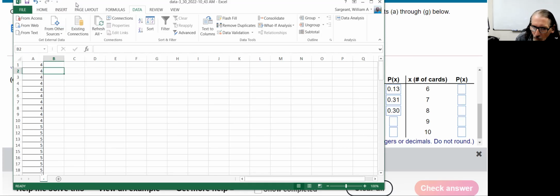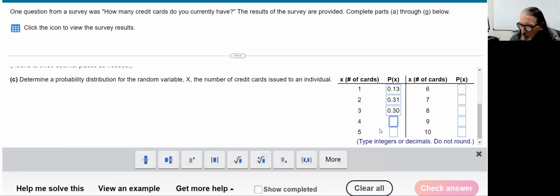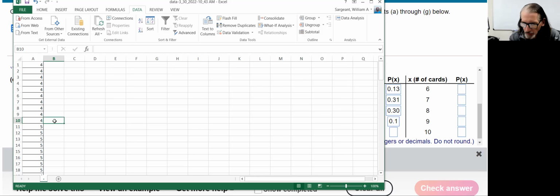Okay, how many 4s? Looks like we've got 10 of them. 10 divided by 100, 0.1. Also notice it says do not round in the directions, which we haven't had to do anyway. All right.